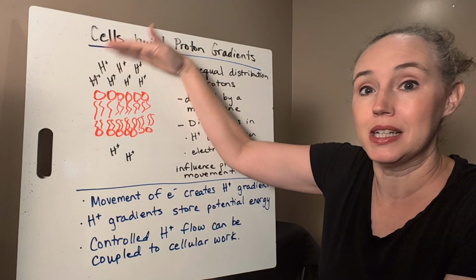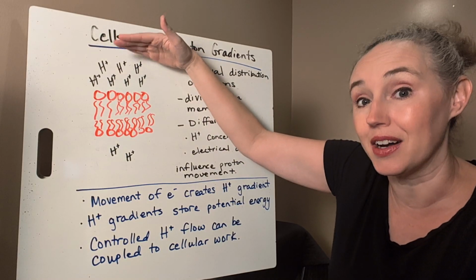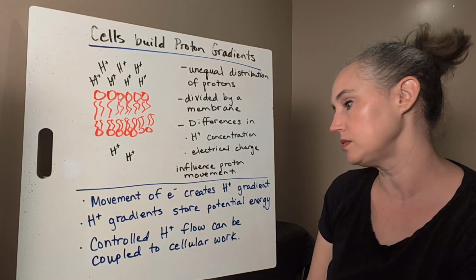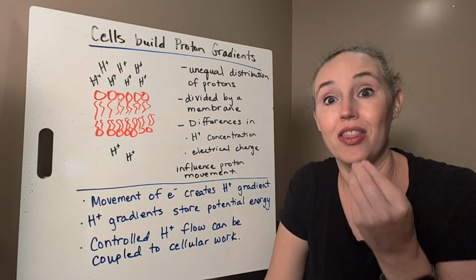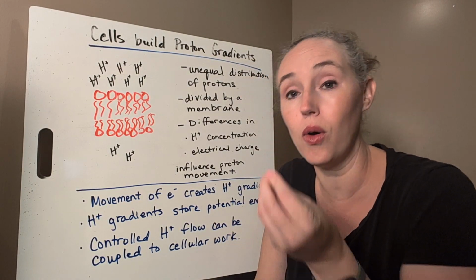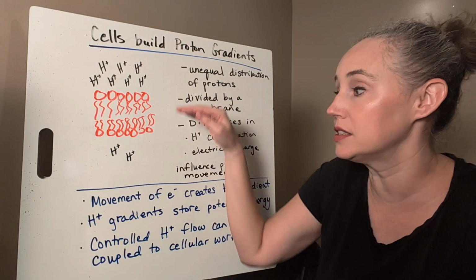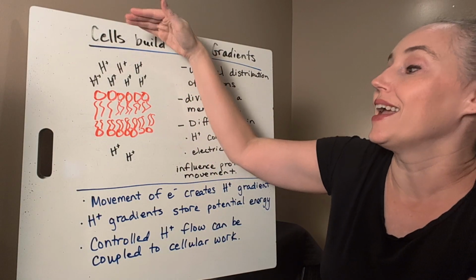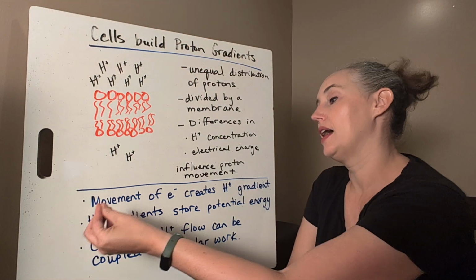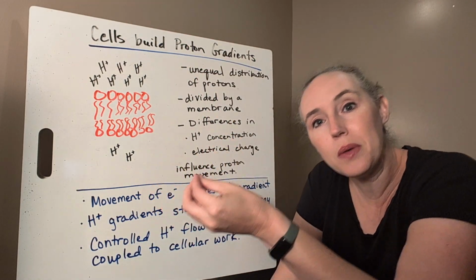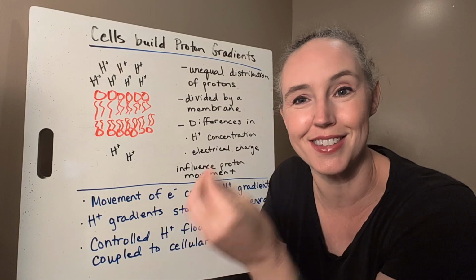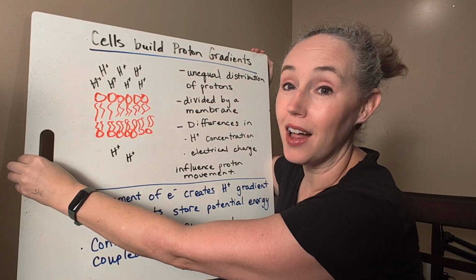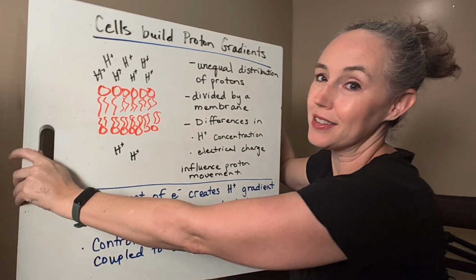So we're building up potential energy on the high concentration side of the gradient. And then the controlled flow of protons from one side to the other, which we'll get into later when we look at ATP synthase, can be coupled to power cell work, which again, is why electrons and protons and hydrogen matter so much.